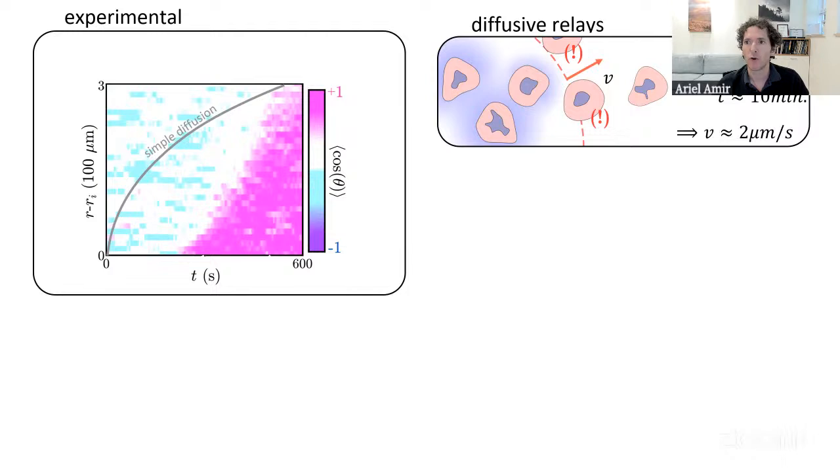And for the relevant experimental timescales, we expect a wave velocity of several microns per second to get a time of about 10 minutes to cover the distance of a millimeter.